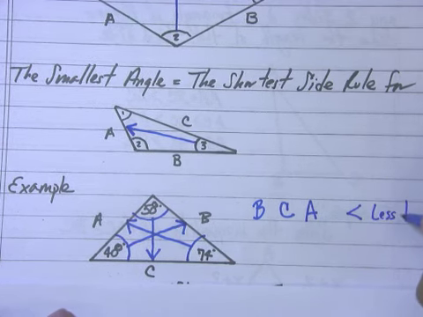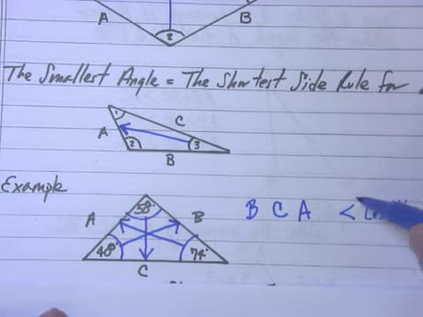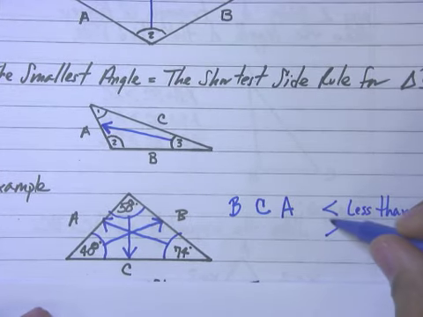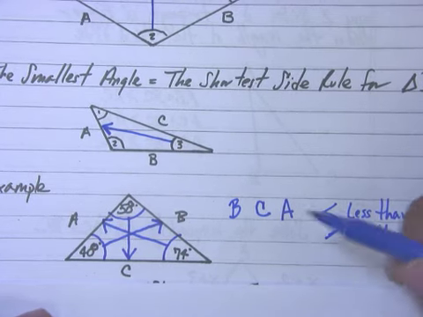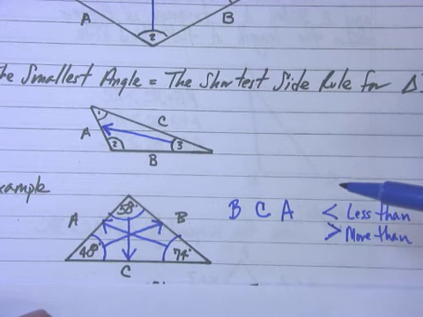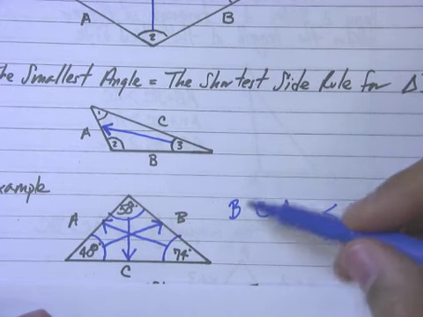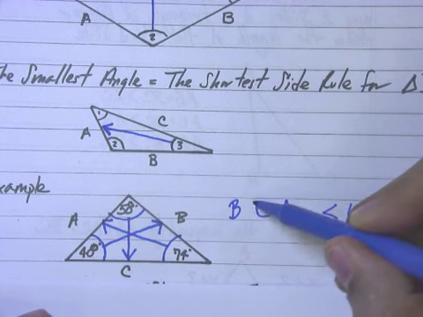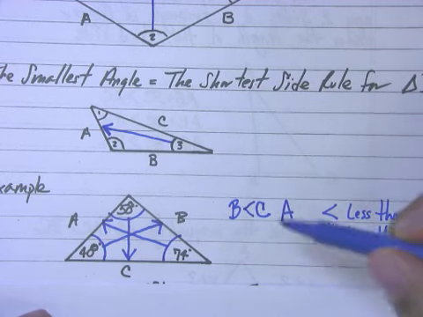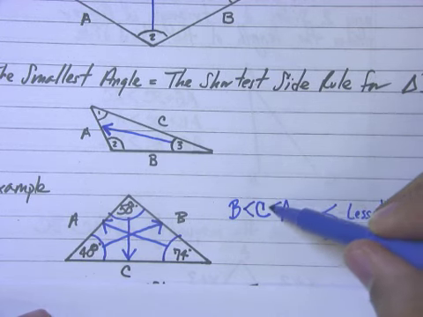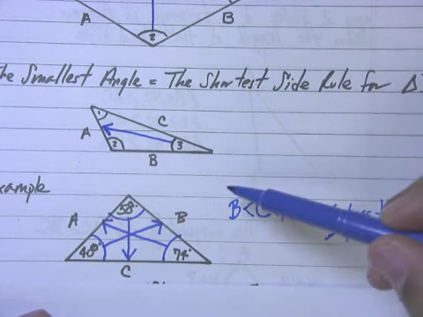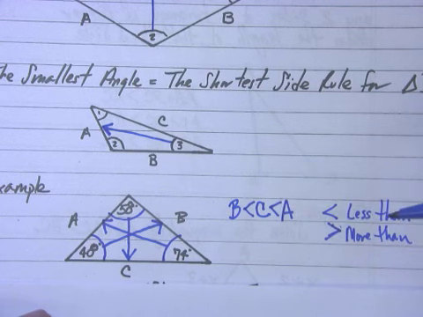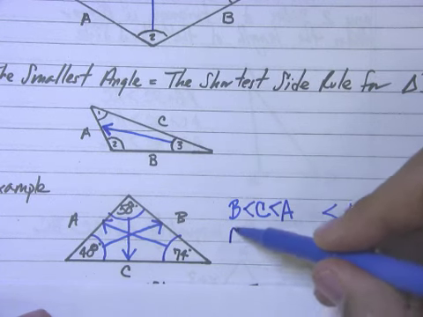Please remember, guys, that this symbol right here means less than. It's like an L that's been squished. And this symbol here means more than. One of the possible ways that you would see your response for this would be that side B is less than side C, and side C is less than side A. That's one way that they might decide to put them in order from least to greatest.